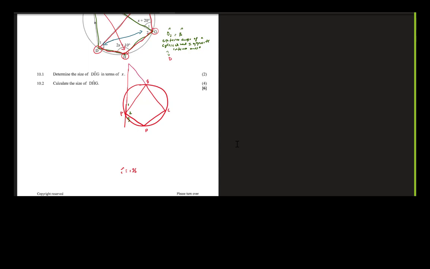Angle A1 is not equal to angle C. Good. This is not the exterior angle of a cyclic quad, because for the exterior angle of a cyclic quad we are extending a line, maybe we are extending AD, or maybe the line AB, not from nowhere. Hopefully you get that.